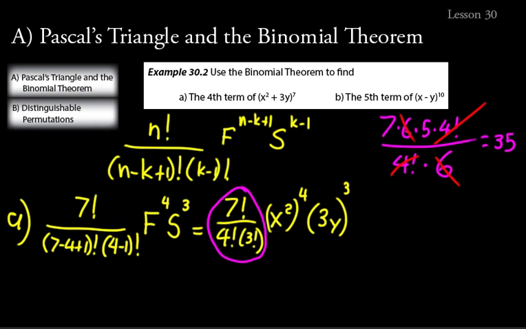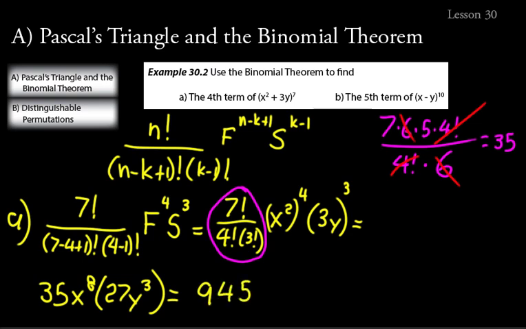So here we'd get that 35, and then times (x squared) to the 4th power, that's x to the 8th. And then (3y) cubed, that's 3y times 3y times 3y, is 27y cubed. And so then we do 35 times 27, and that is 945 x to the 8th y cubed.